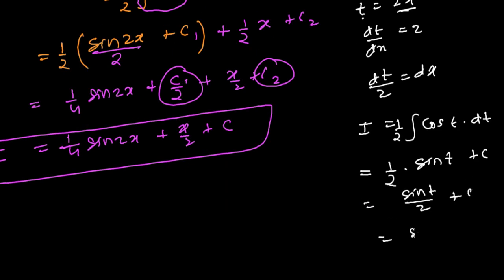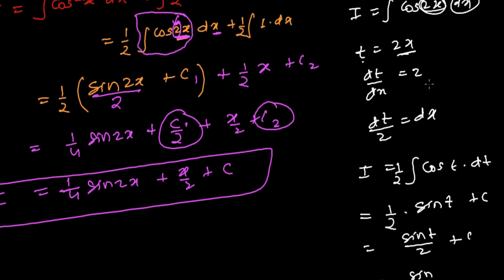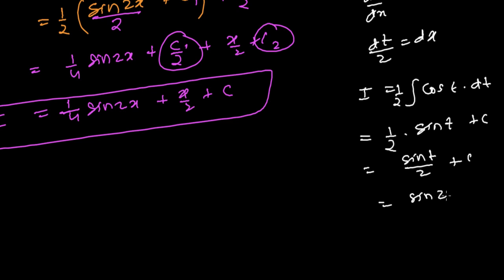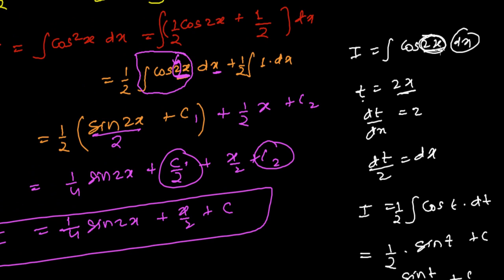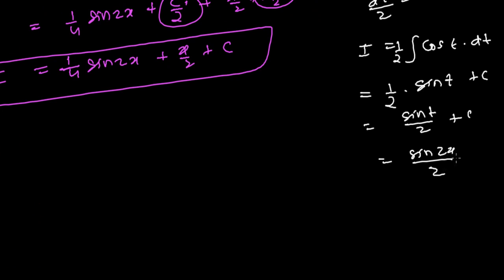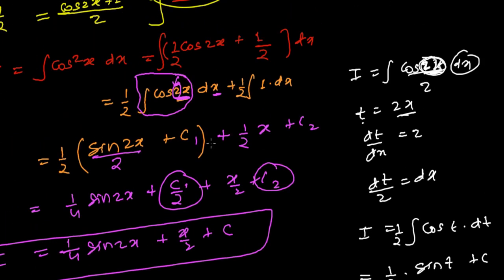And what's my t? I supposed t as 2x, so it is sin 2x divided by 2. So this is what I was trying to make clear: when x has a coefficient, whatever that coefficient is, it always divides the whole expression after integration. Here the integration of cos 2x is sin 2x divided by 2.